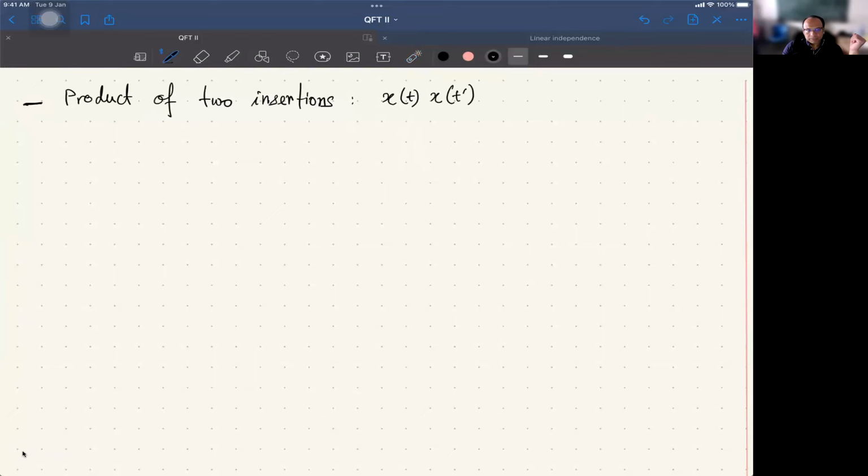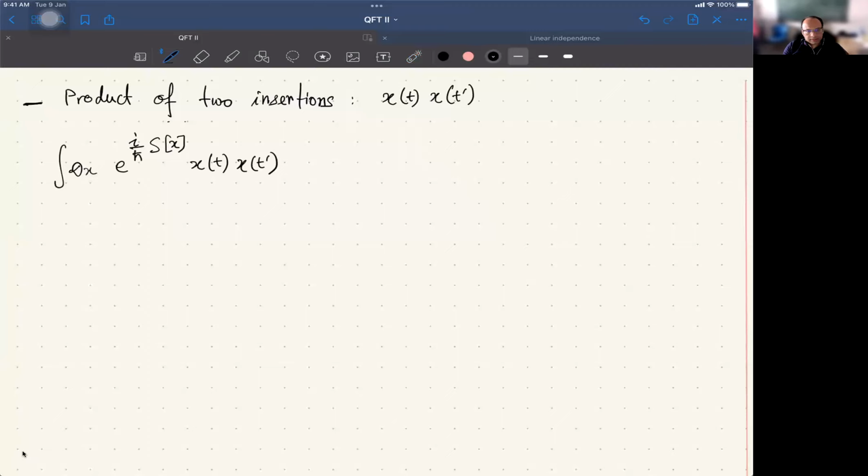So from the path integral language, you would be writing ∫Dx e^{(i/ħ) S[x]} x(t) x(t prime), and this is the insertion.